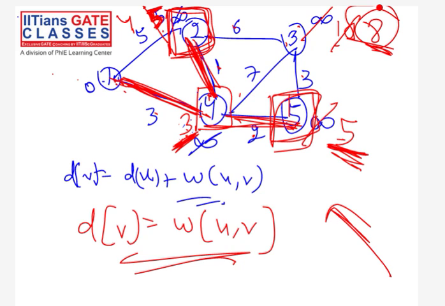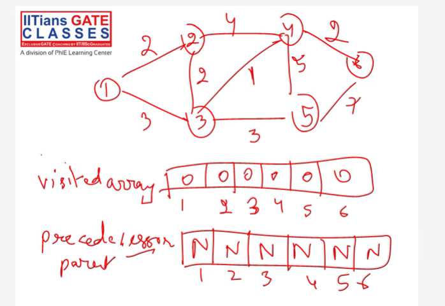So I need to keep track of this part, like 1 to 4, 4 to 5, 5 to 3. This is the path which will give me cost 8. So I don't just need the cost, I need the path also. Okay, so this is why we have this predecessor. Okay, so now let me run using this. So again, let me just take blue color.